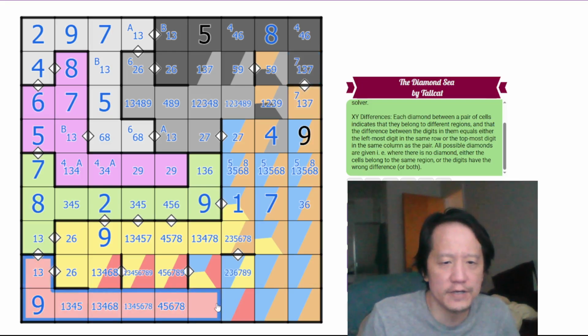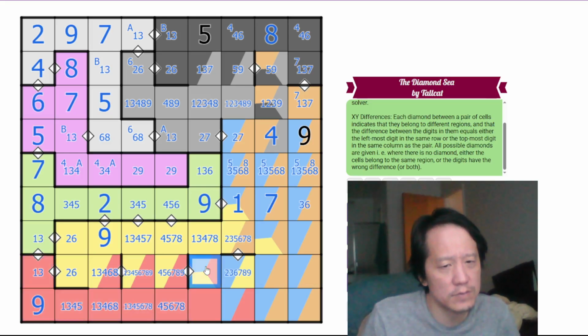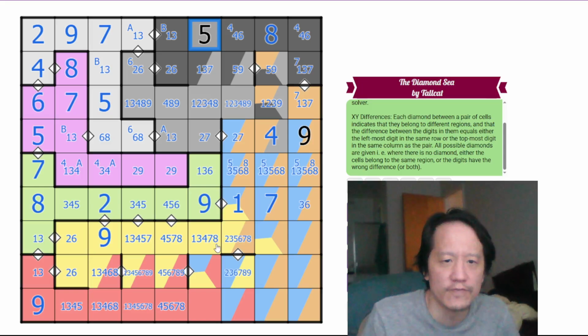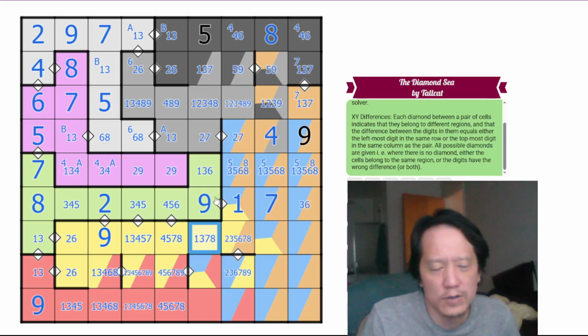This red needs a 2. It could be here, technically. This cannot be 4. If this were 4, it would have a difference of 5 with 9, and therefore this would have to be marked with a diamond. So this cannot be 4.